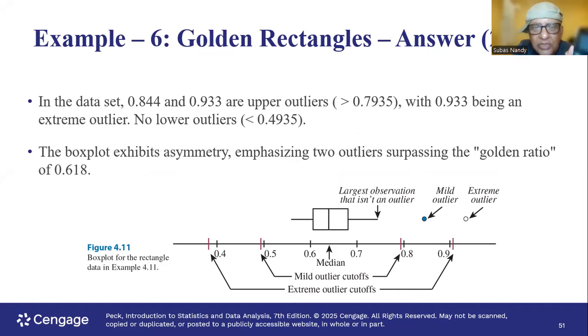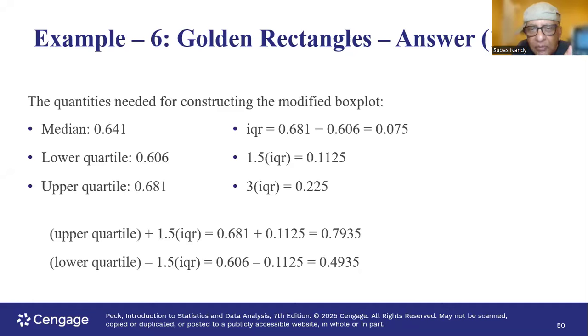How did you calculate? It is Q3 plus 3 times IQR. It is even greater than that. Q3 plus 3 times IQR. What is your Q3? It is the upper quartile, 0.681 plus 0.225.